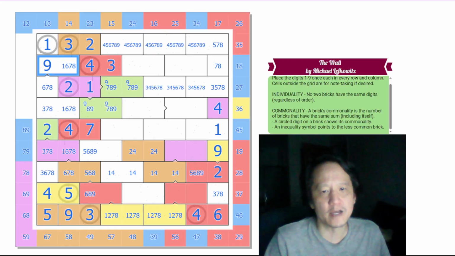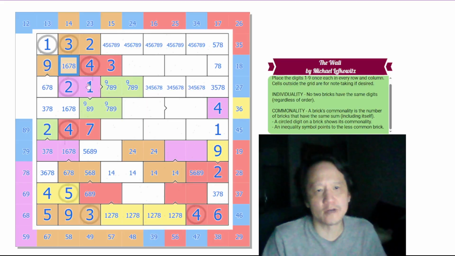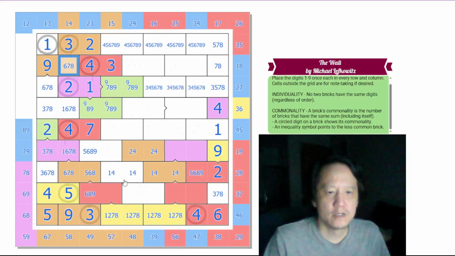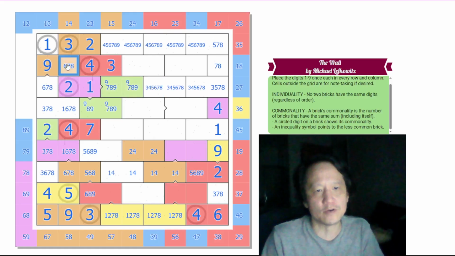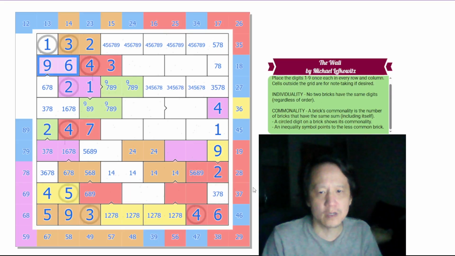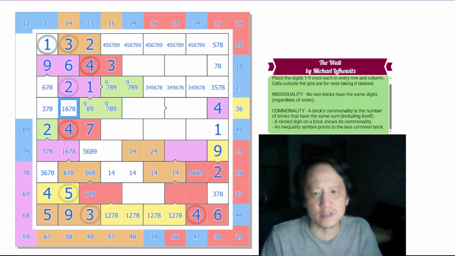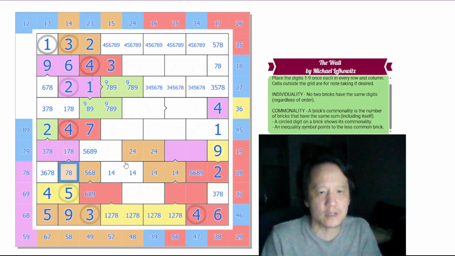So this has to be at most orange. 1 and 9 is not orange, so this can't be 1. 6, 7, it cannot be 7 and 8 with it because we already have those, so this is 6 and 9. So this is 6, it's not orange, it's actually pink. So it's 2 commonality. So 6, 7, and 8 all fit there. This can't be 6. This can't be 6. This can't be 6.